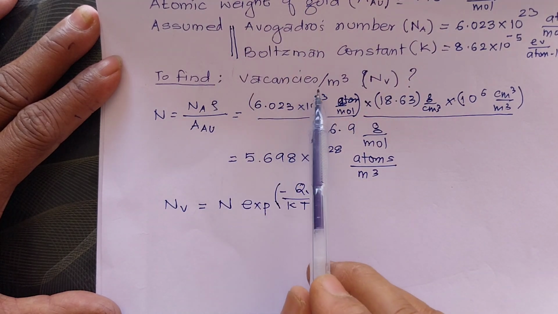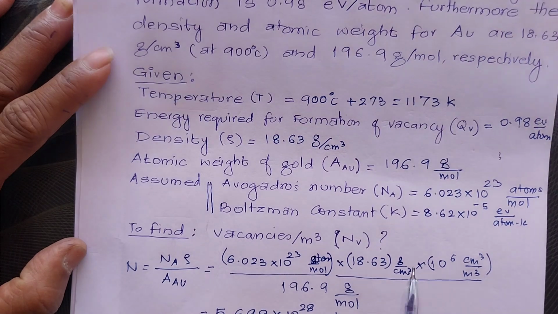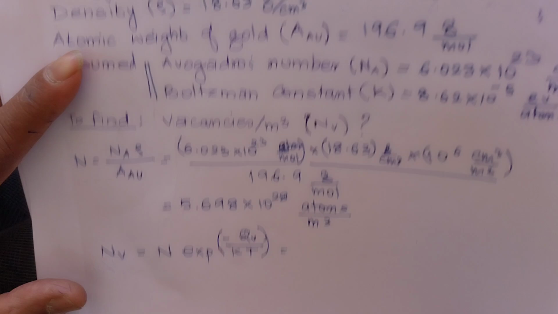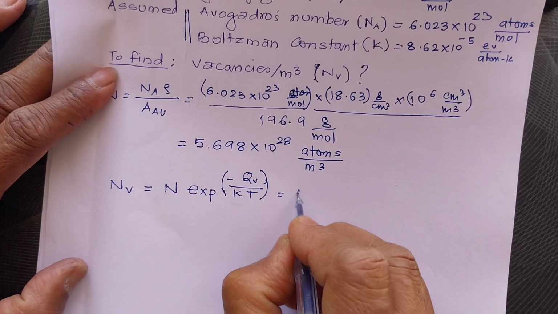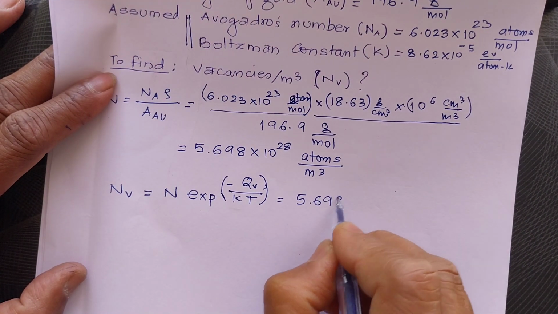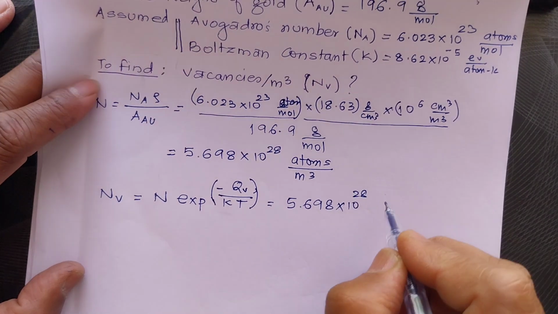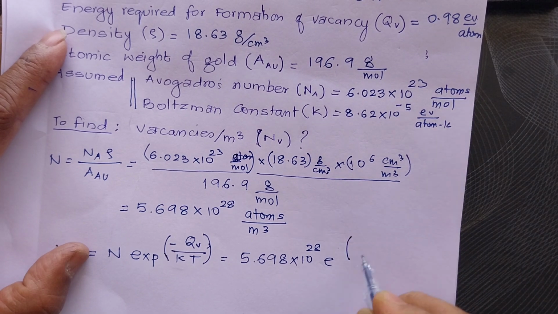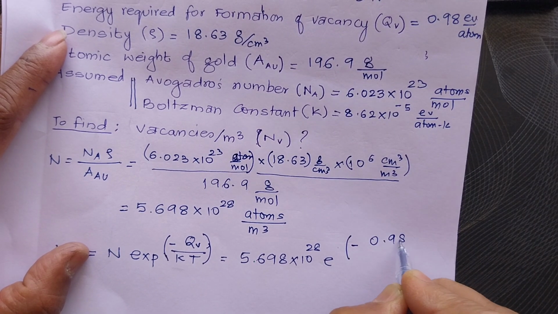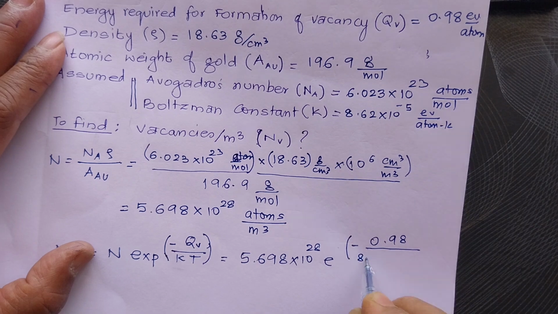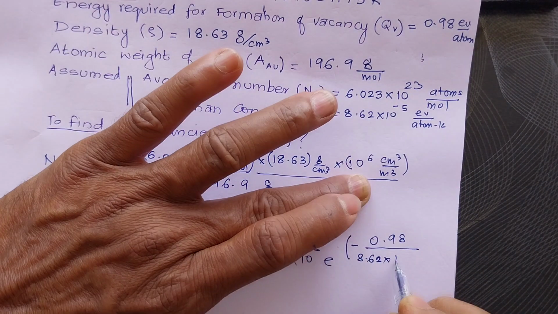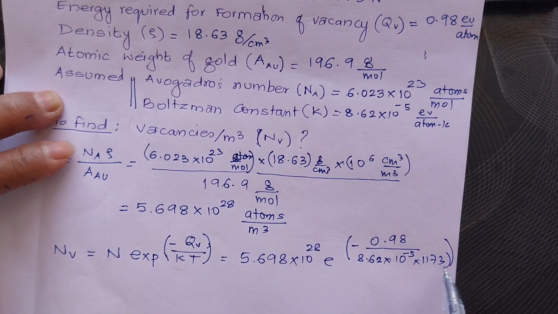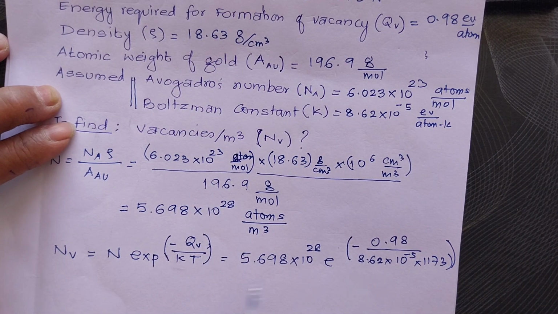Substituting the values, this becomes 5.698 into 10 raised to 28, e raised to minus 0.98 divided by 8.62 into 10 raised to minus 5 into 1173.